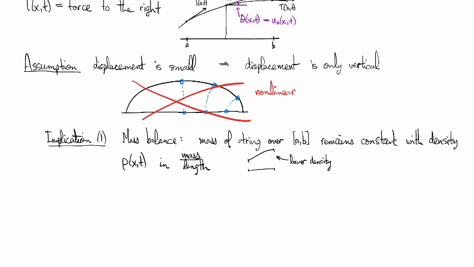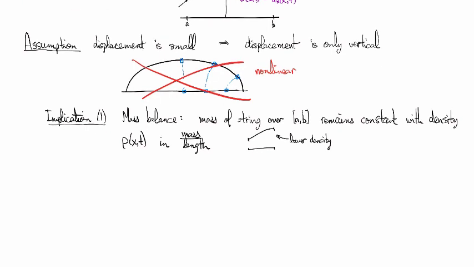so in terms of equations, what the mass balance principle means is that if we look at the total mass over the interval from A to B, you find the total by integrating the density, and it's over an interval of a different length now, so we need to actually do the arc length integral.